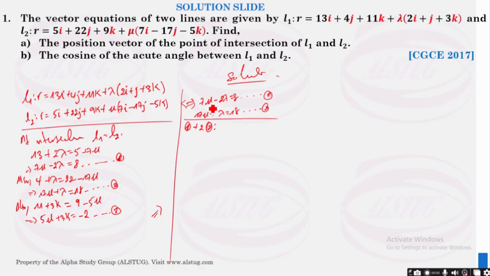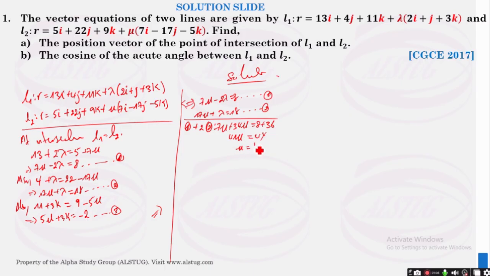This will give us 7 mu plus 34 mu to be equal to, since lambda will cancel out, 8 plus 18 times 2, that is 36. So we end up with 34 plus 7, that's 41 mu to be equal to 36 plus 8, so we have 44.